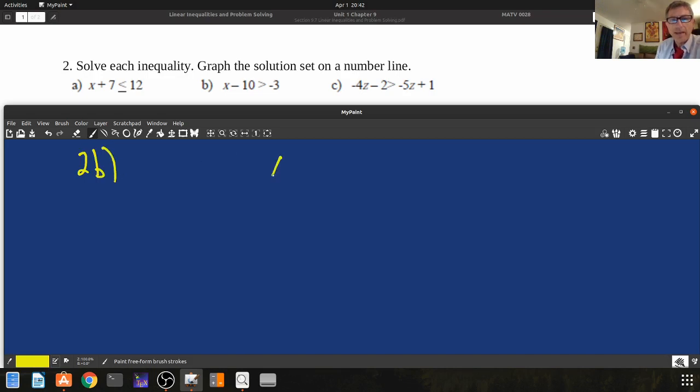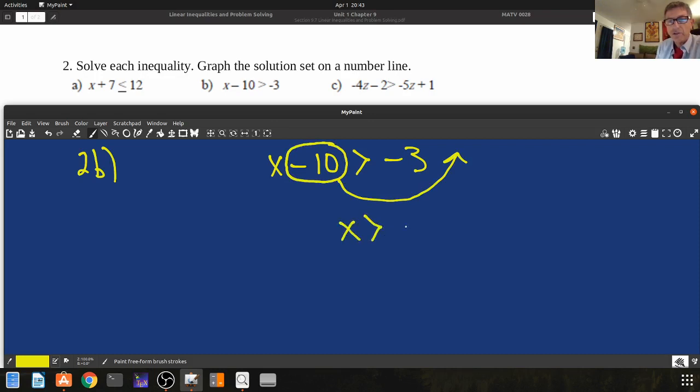So I have x minus 10 is greater than minus 3. Again, I want to isolate x. So I'm going to take my minus 10 and move it to the other side. And the price I pay is that minus 10 must change sign.